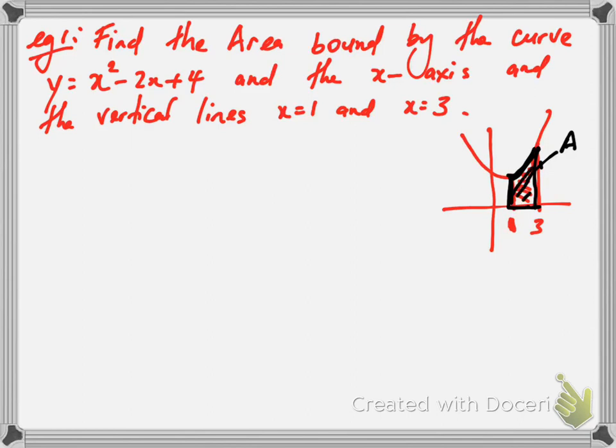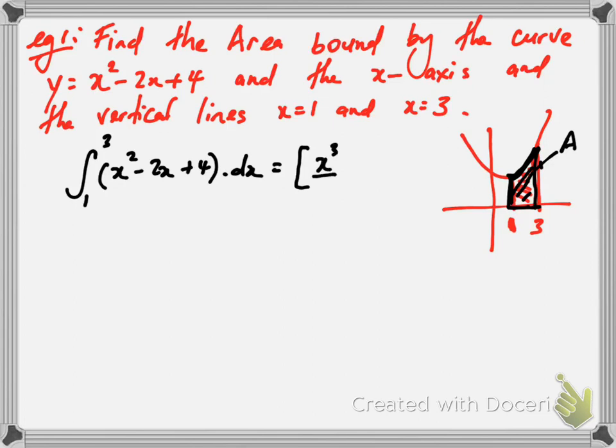If we use the formula, we put the lower limit and the upper limit and the function dx, and so we integrate. Square bracket x cubed over 3 minus 2x squared over 2 plus 4x, going from 1 to 3.